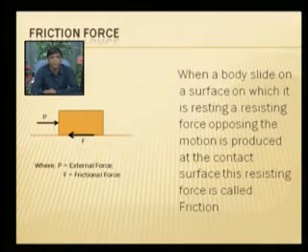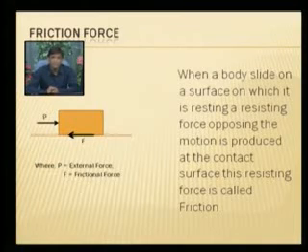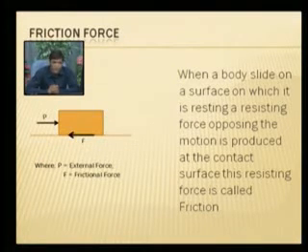Okay, now friction force. Friction force arises when a body slides on a surface on which it is resting. A resisting force opposing the motion is produced at the contact surface. This resisting force is called friction.